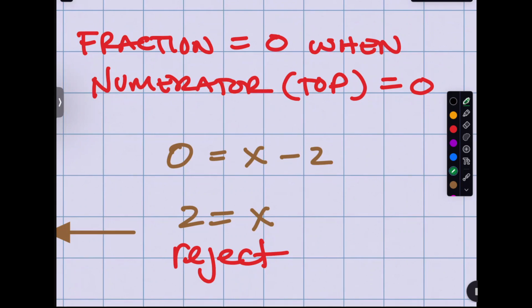So that means the 5x squared has to equal 0. So just write that equation. Nope, just 5x squared equals 0.